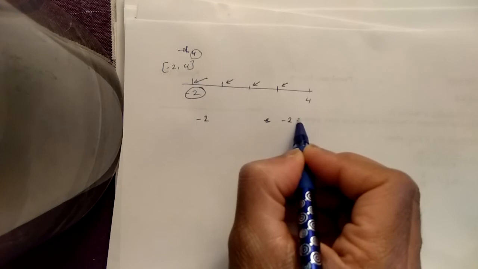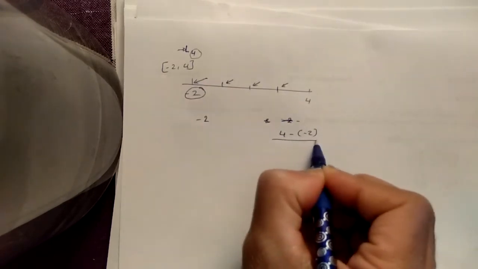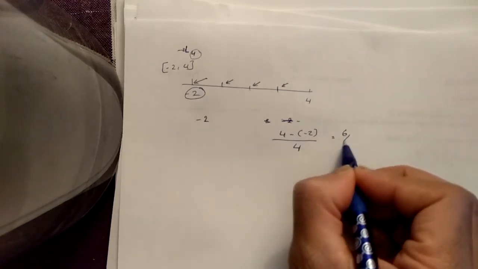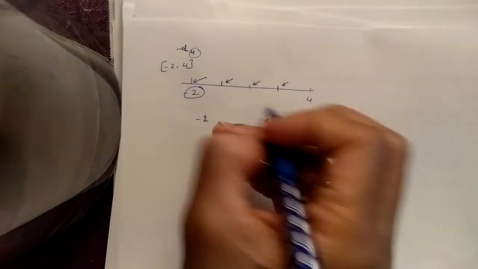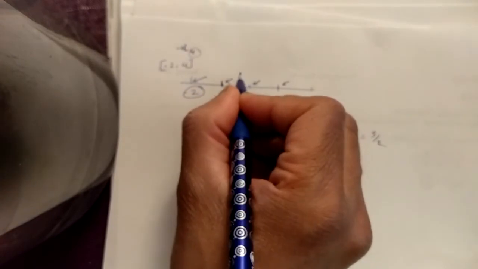And then what will be the subinterval length? 4 minus negative 2, divided by 4, which is 6 over 4, that is 3 over 2. Then the left endpoint of the second subinterval is the right endpoint of the first subinterval, which is also correct.